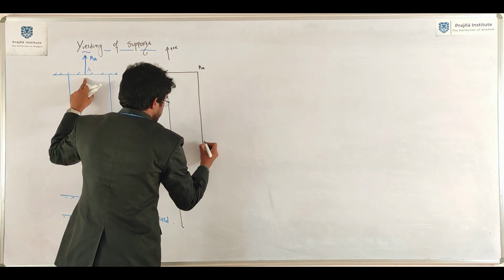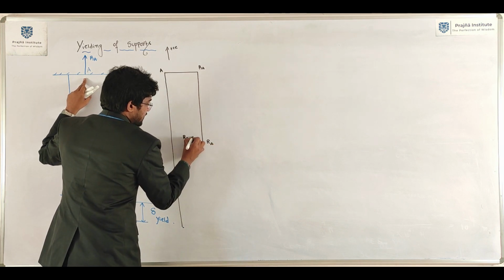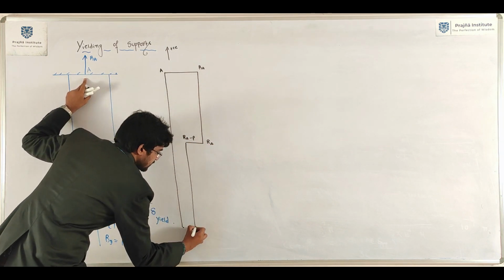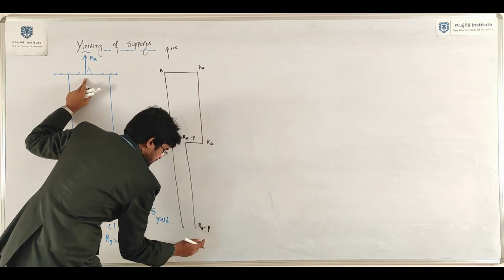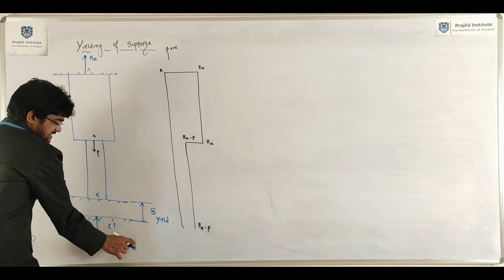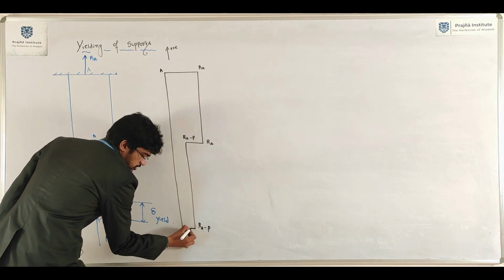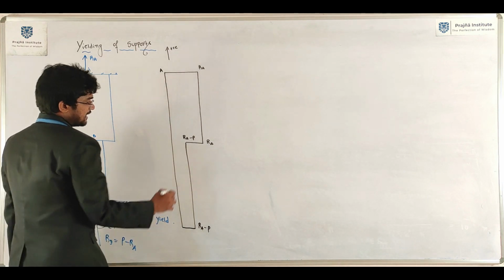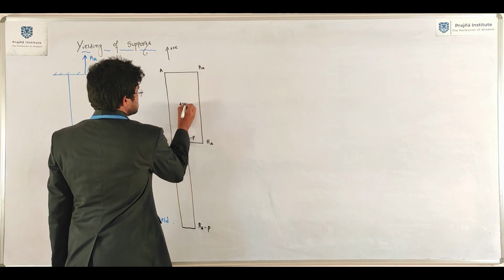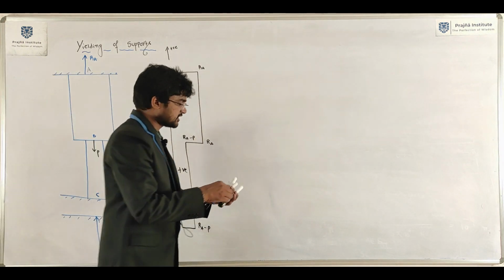Come up to here, it is RA minus P. Both are acting in the same direction, so it is positive. Positive means we just add: P minus RA plus RA minus P equals 0. Now the compatibility equation.